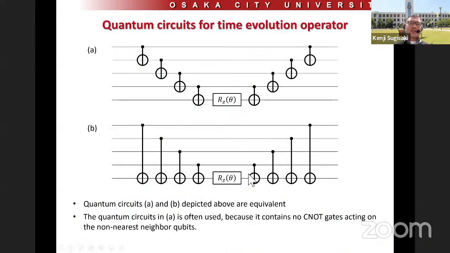And also, let's say something about the sigma bridge. The quantum circuit for the time evolution operator has a form something like this: the sigma bridge, RC, and the reverse sigma bridge. But this quantum circuit is equivalent to this quantum circuit.